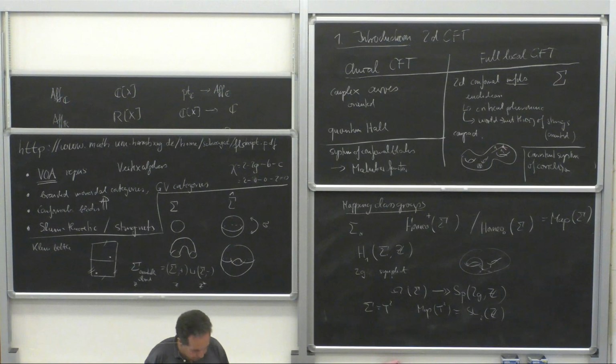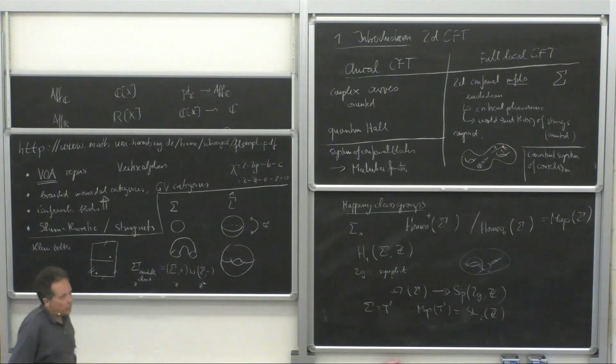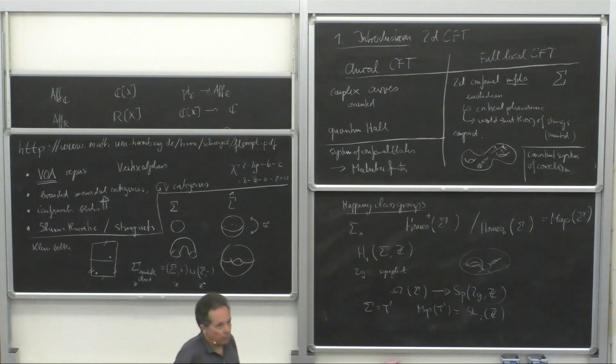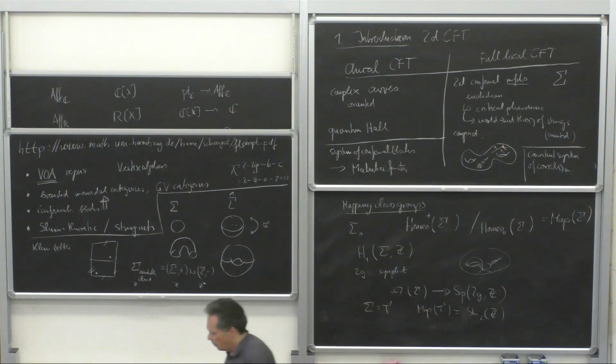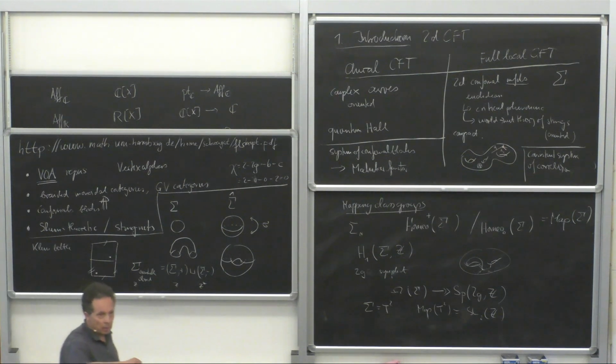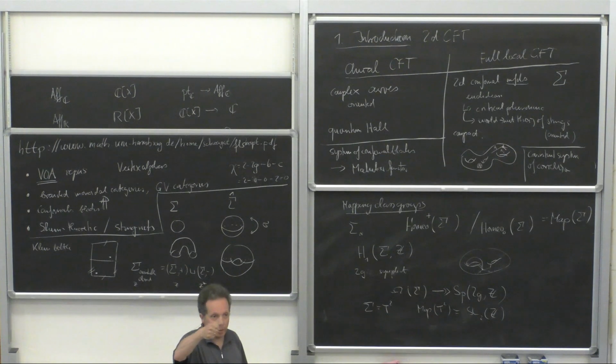Good. Now if we go to complex geometry, then it's a famous fact that if you take a generic closed oriented two-manifold, the complex structure is not unique. What is a complex structure? You want to find an atlas. An atlas has charts going to R2.